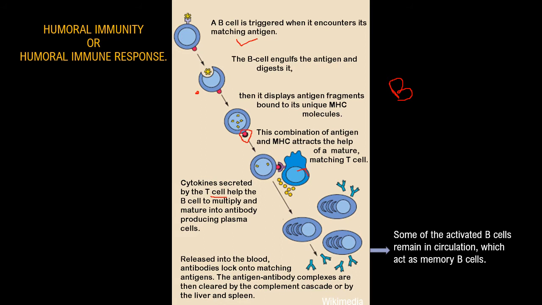The B cells multiply and mature into plasma cells, which are antibody producers. These plasma cells will secrete antibodies specific to this antigen.